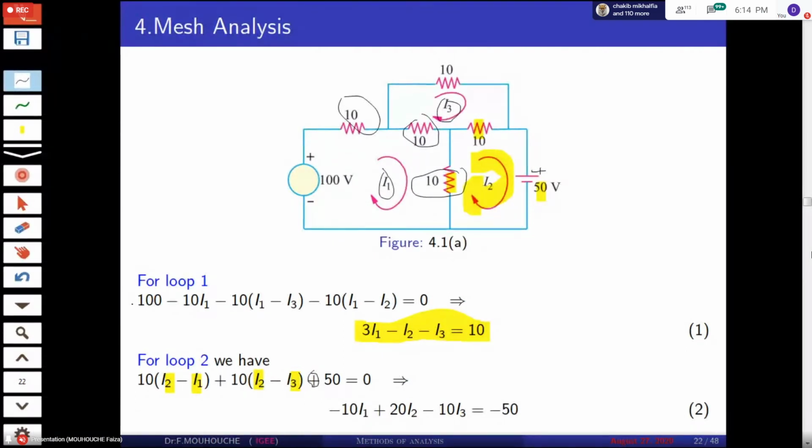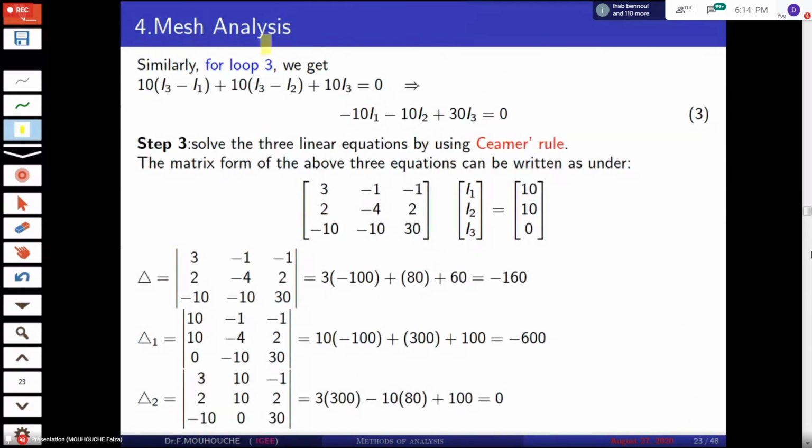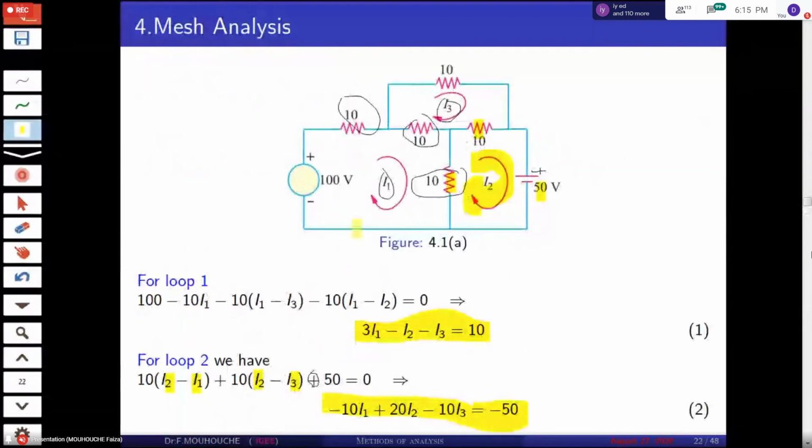Okay, so we simplify the equations and we reach this equation. You can check it at home. This is the first equation and this is the second equation. It remains the third equation for loop 3. For loop 3, we go to our circuit, this one.